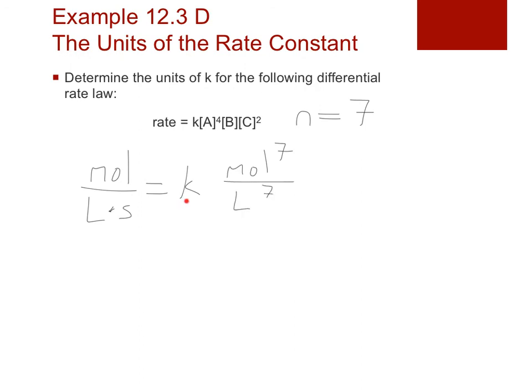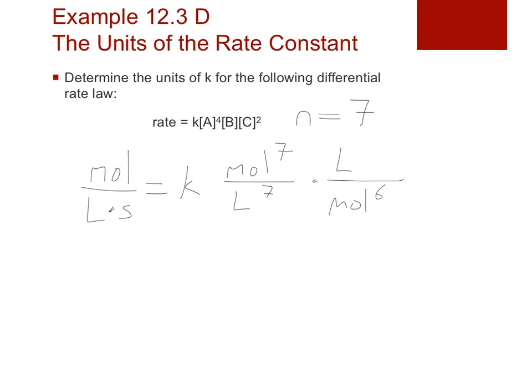So I need K to cancel out all of these moles except for one, and I need K to be a function of time. So in order to do that and leave my moles per liter per second out of this, K is always going to cancel out inverted, cancel out all but one of those.